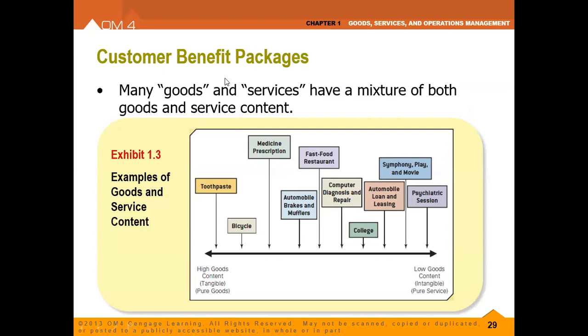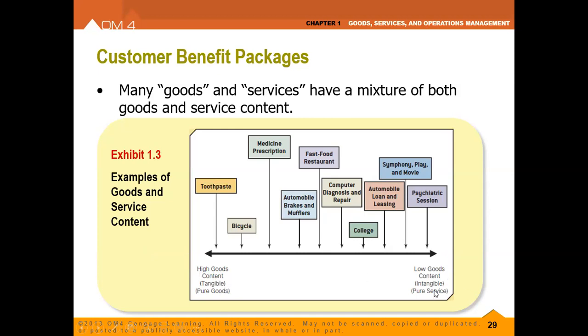And like I said, many physical products and services have a mixture of both goods and service components. So this is like a spectrum, low goods content to high goods content.